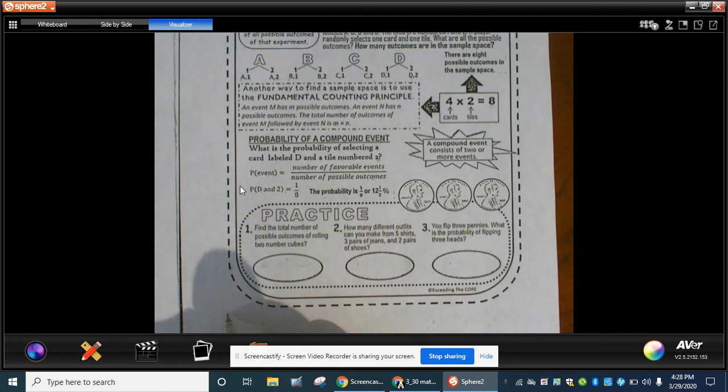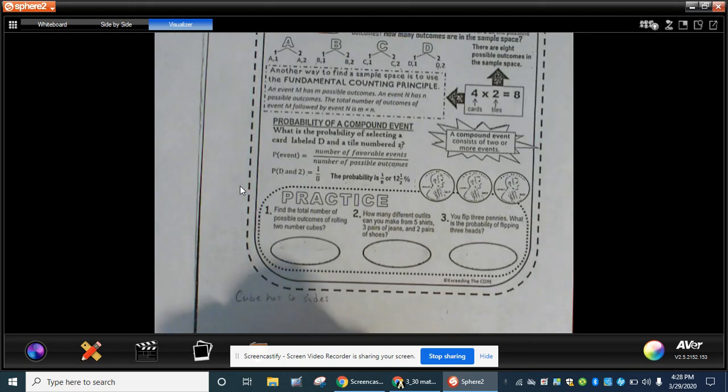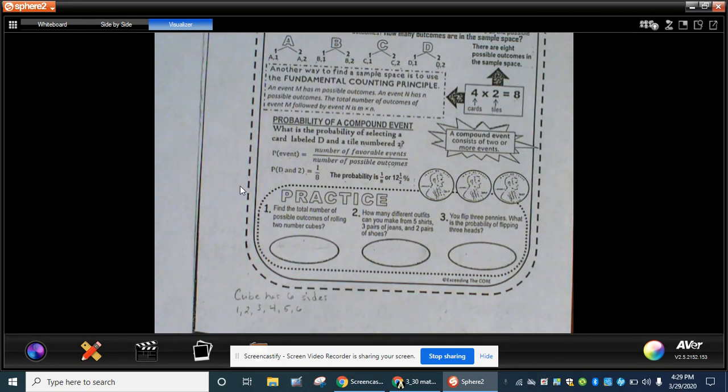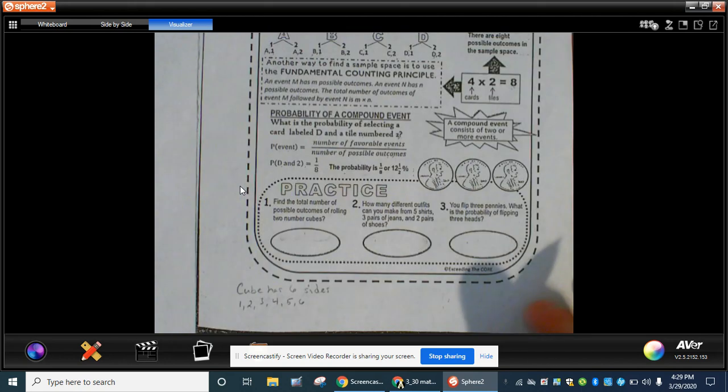The keyword here is cube. A cube has 6 sides. A number cube can be numbered 1, 2, 3, 4, 5, and 6. An example of this would be a dice, a dice for a board game like Monopoly.